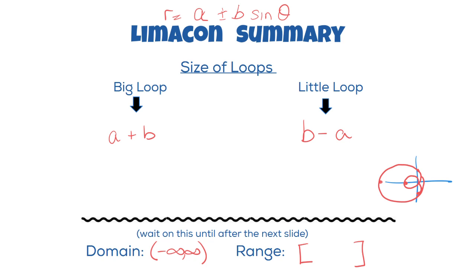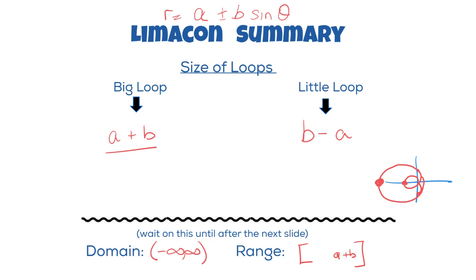Sorry. Okay. So what we found is that the biggest R value always came from wherever the biggest part of the loop was. And so whatever that was is the bigger end of your range. And remember that comes from this right here. So this was always A plus B. And then the smallest R value always came from the little loop.